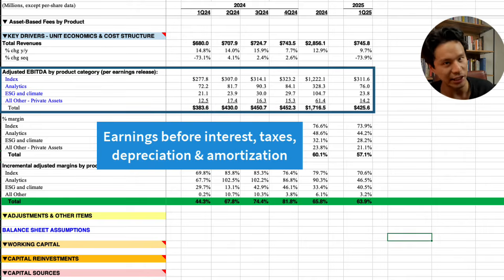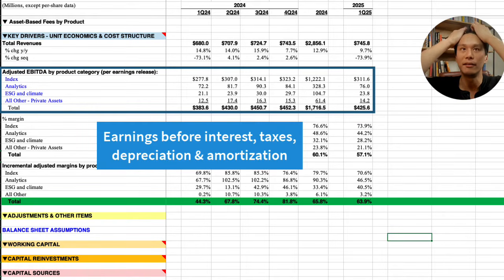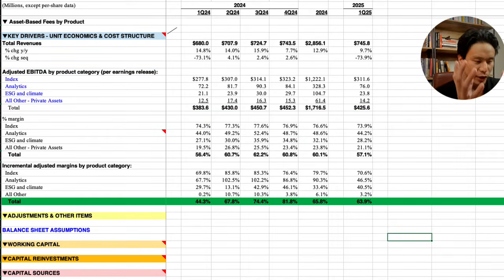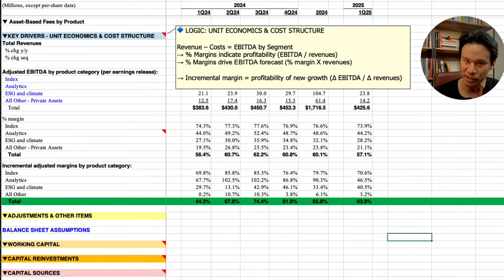You remove the depreciation and amortization, which are really costs related to investments, which you'll see in a second. And then obviously it removes tax. So it's sort of like a good measure of profits for the business before the expenses related to investments as well as capital.